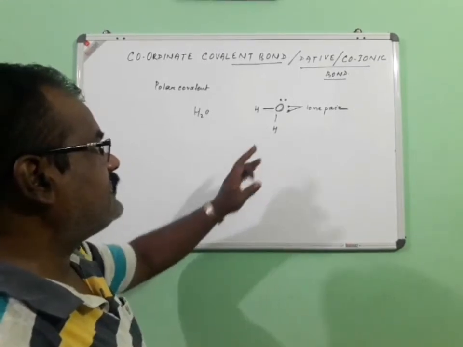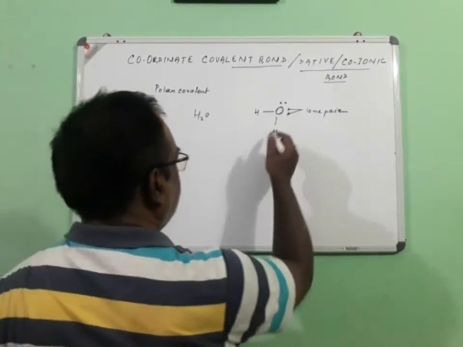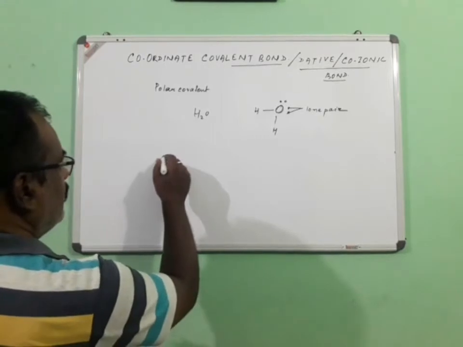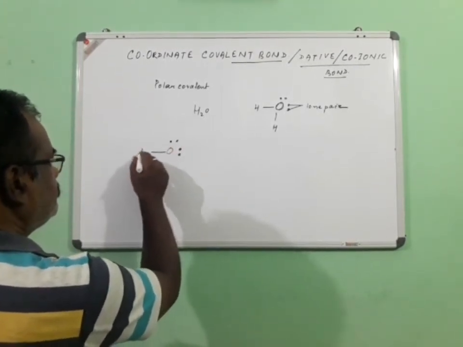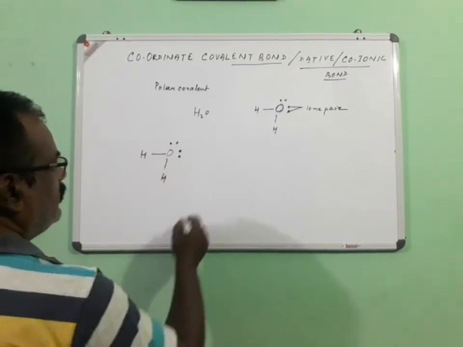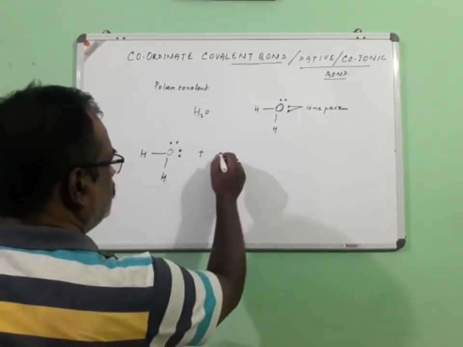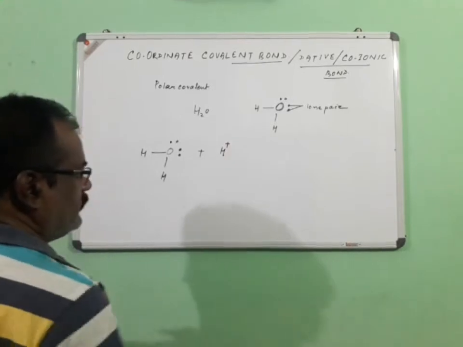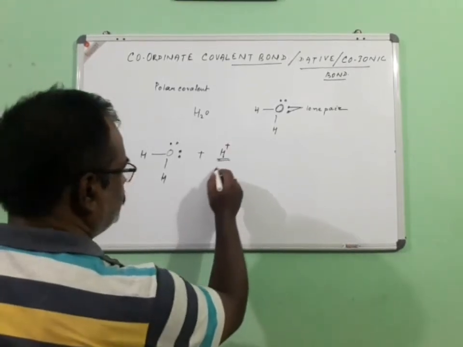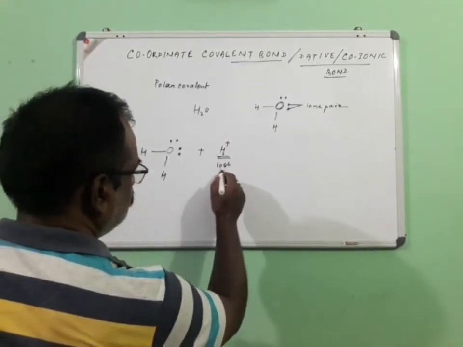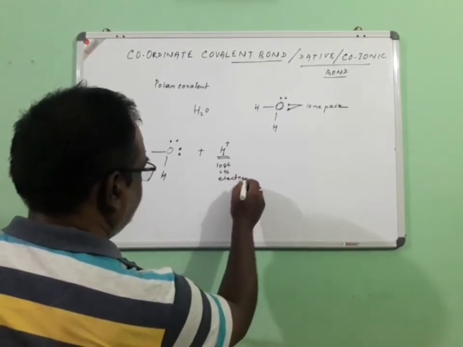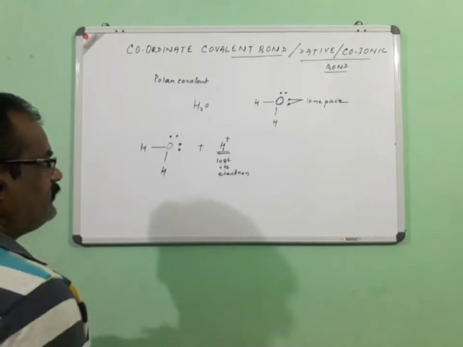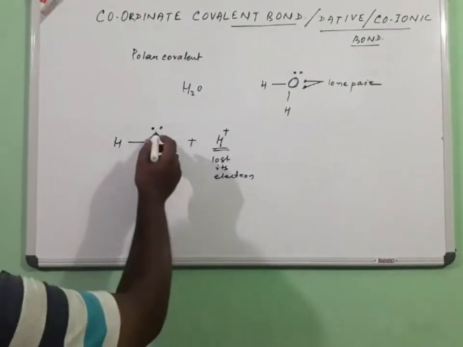So in case of water, since it has two lone pairs of electrons, whenever it combines with one hydrogen ion, which has already lost its electron, what happens here?